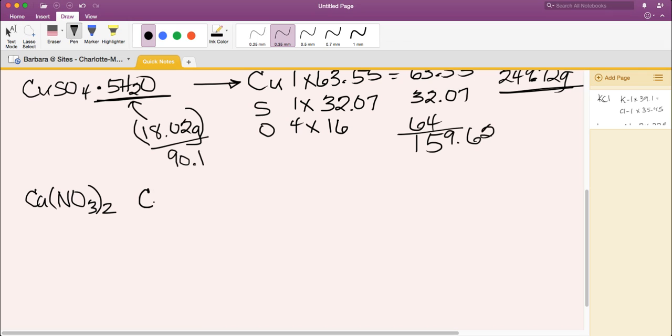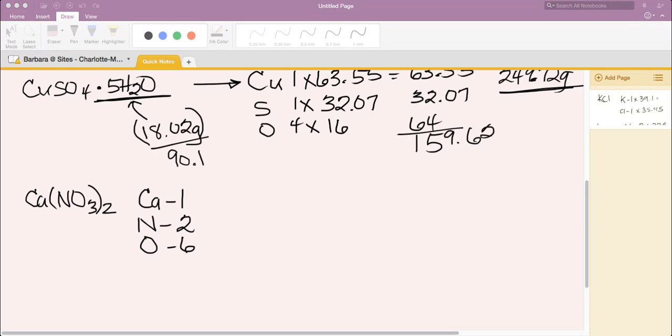So right here, we have 1 calcium. Remember, we distribute through the parentheses, so you have 2 nitrogens, and you have 6 oxygens. So you're going to go to the periodic table, and you'll see that calcium has a mass of 40.08.